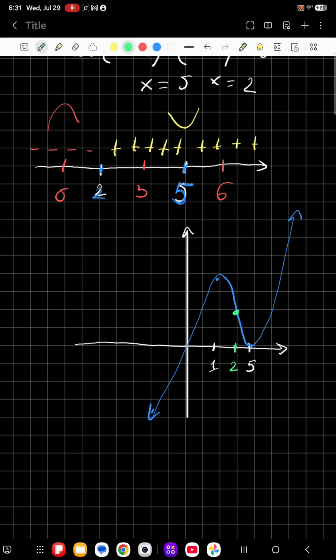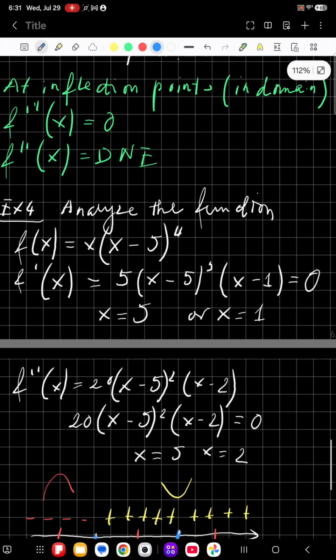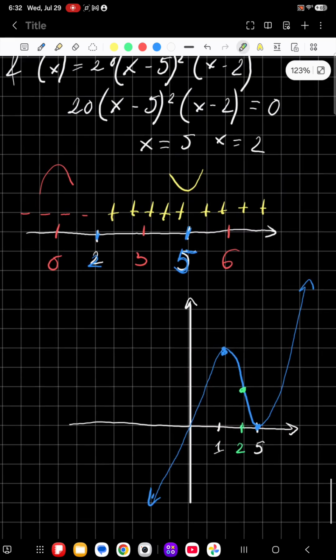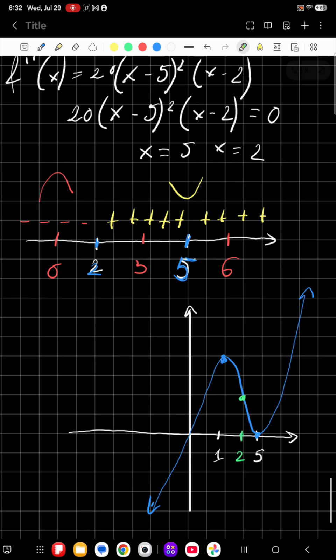So that's 2. That 5 should be farther to the right, but I hope you understand what's happening. That critical number was over here. I'm getting those critical numbers from the first derivative. And I don't want to make it too complicated, but the first derivative gives us critical numbers that could yield either maxima or minima, and then the second derivative gives us the inflection points and concavity.